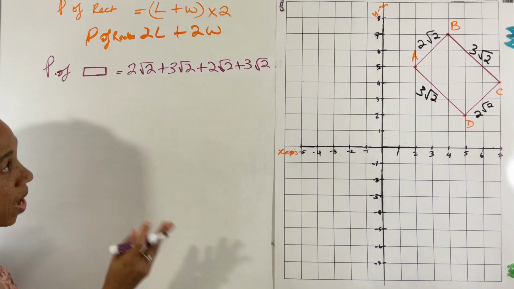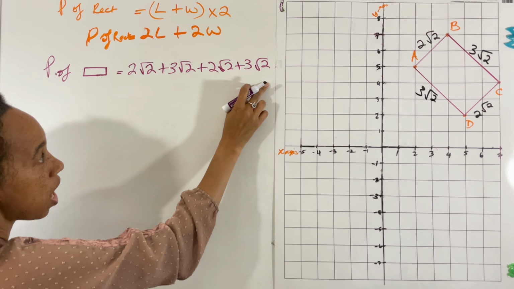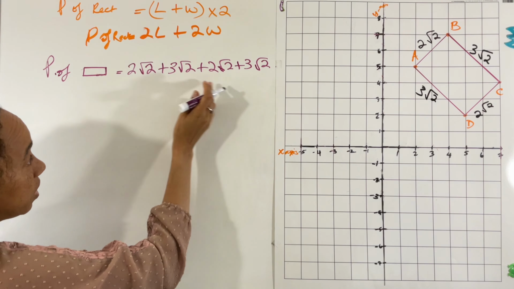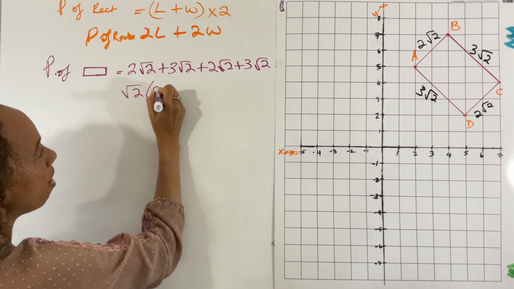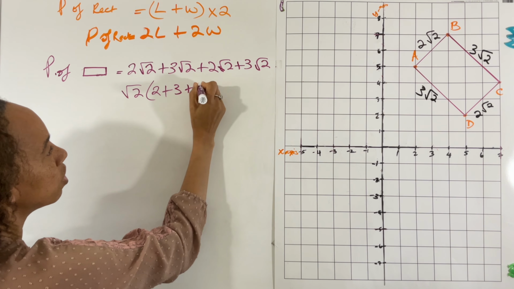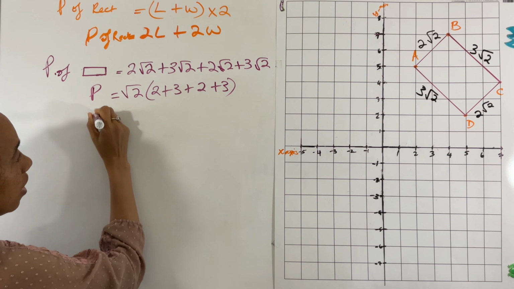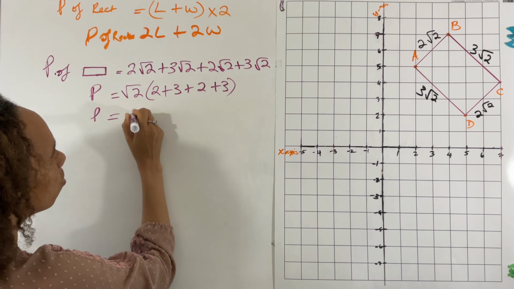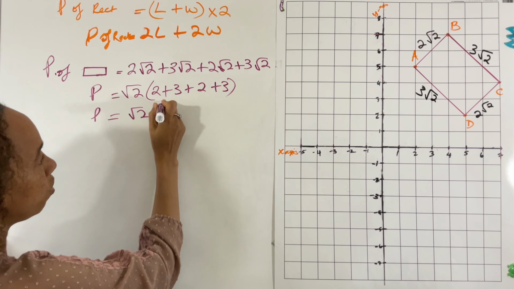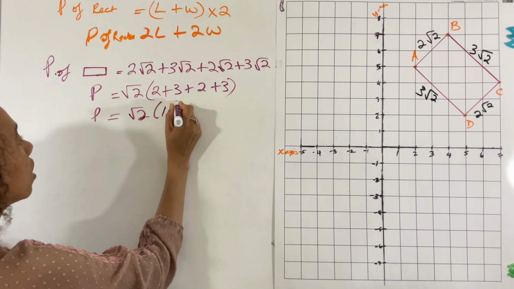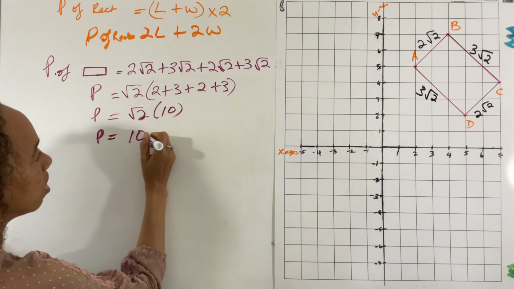An easy way to add this is to notice that the radical 2 is common. So we can take out the radical 2, and then we will have 2 plus 3 plus 2 plus 3 inside. And that's P. So P is equal to radical 2 times what is inside, and this is going to give you 10. So P is equal to 10 radical 2.